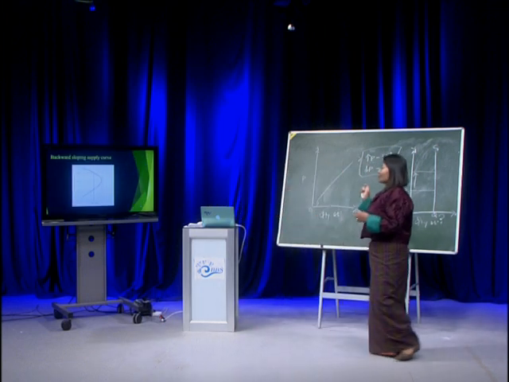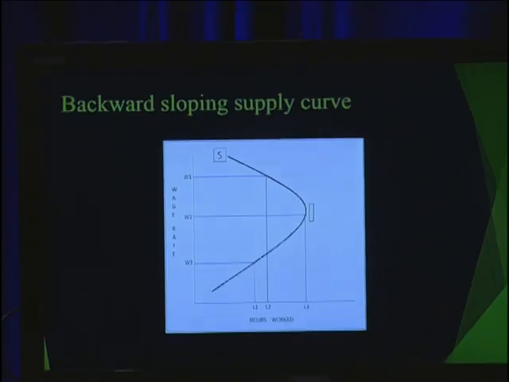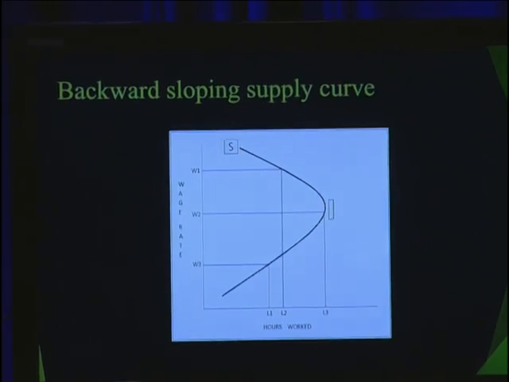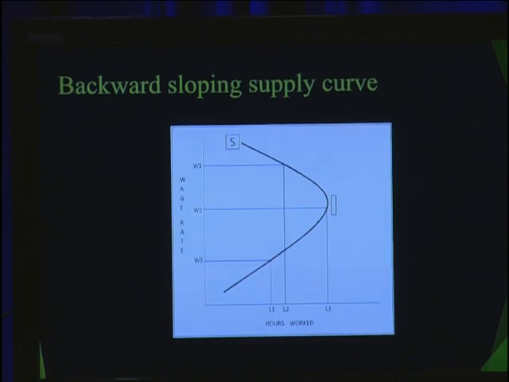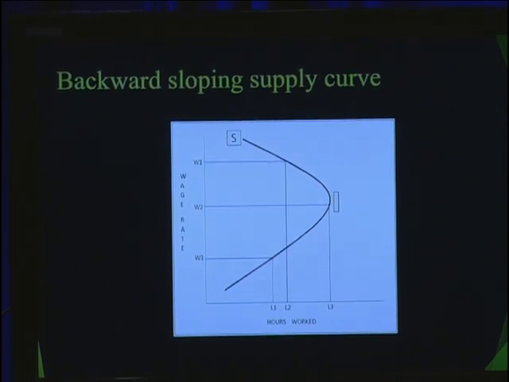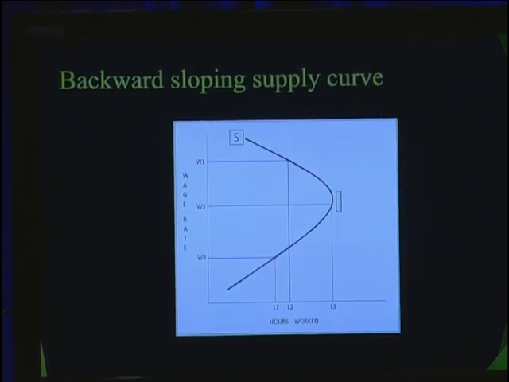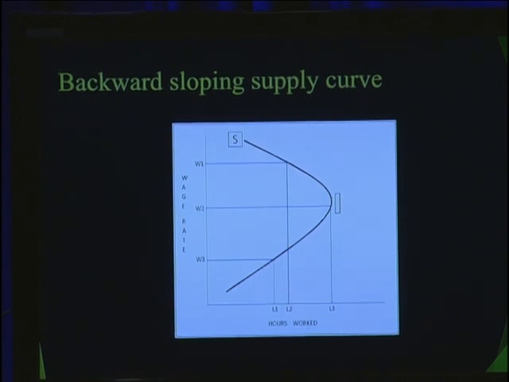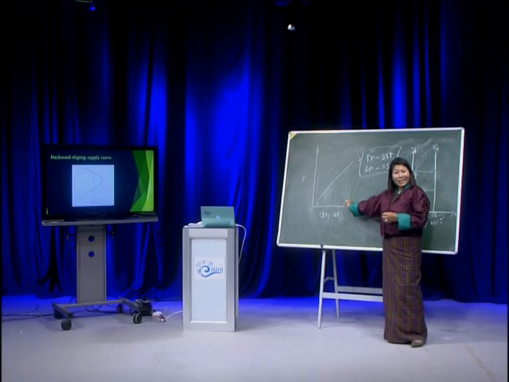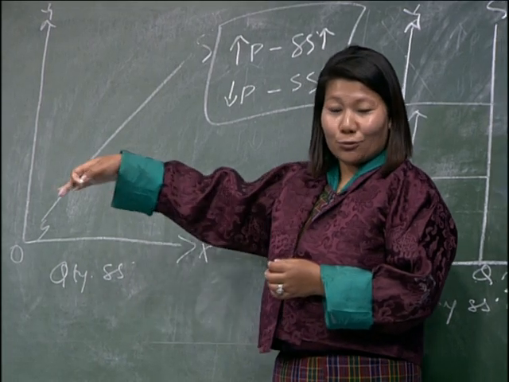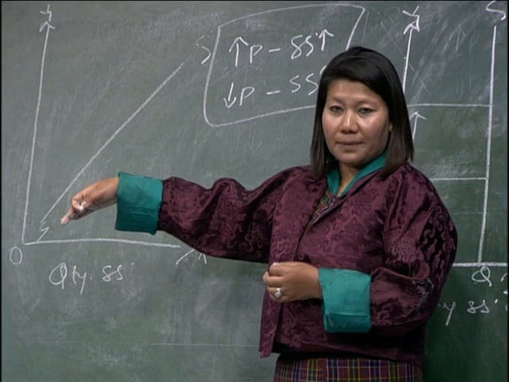So perhaps graphically you will understand. Here, the wage rate, that is the price or the remuneration paid to labor for effort in the production of goods and services, is reflected on the y-axis, and hours worked on the x-axis. If you look at the curve, our curve is going backward. It's a backward sloping curve. We are going away from the law of supply in these two situations, exceptions to the law of supply.